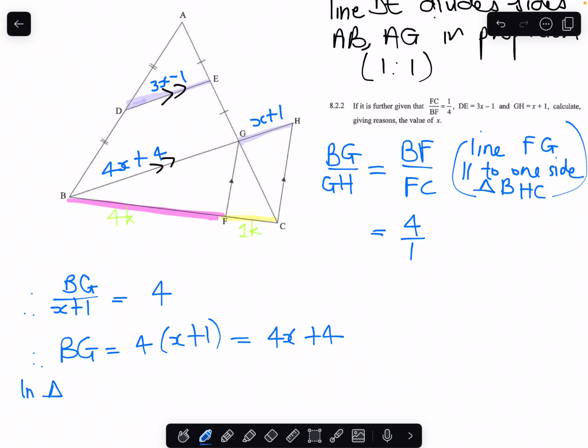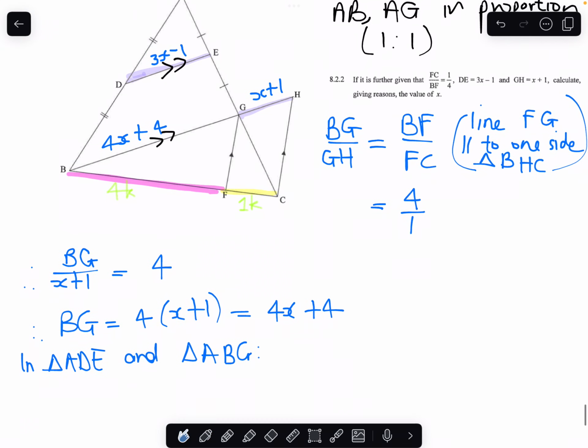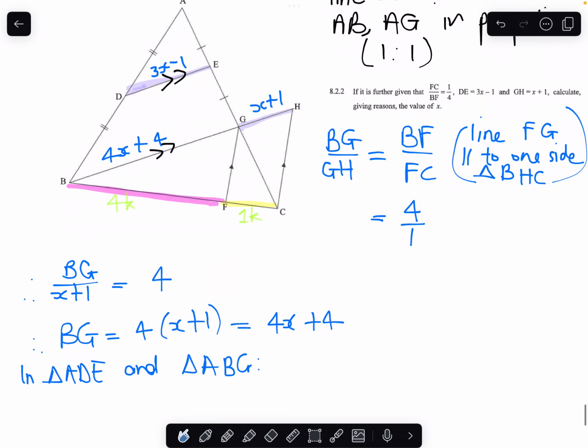in triangles ADE and ABG, the angle A is common to both triangles.